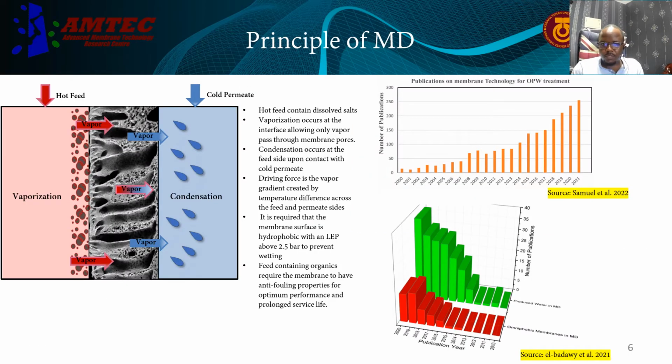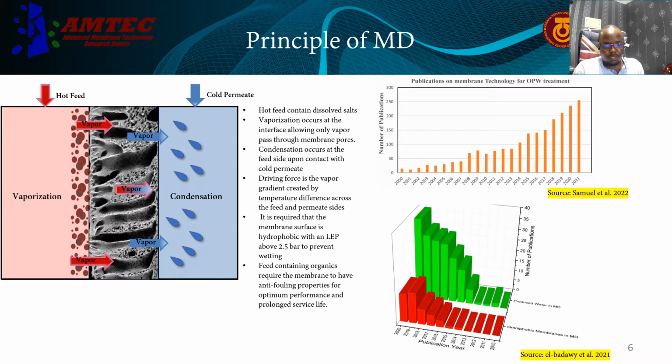So what happens in membrane distillation? Basically it is a distillation process, but with a membrane. On the left, we can see a simple demonstration of how the process happens. You have the hot feed passing on the surface of the membrane, and then you have the permeate on the other side of the membrane.